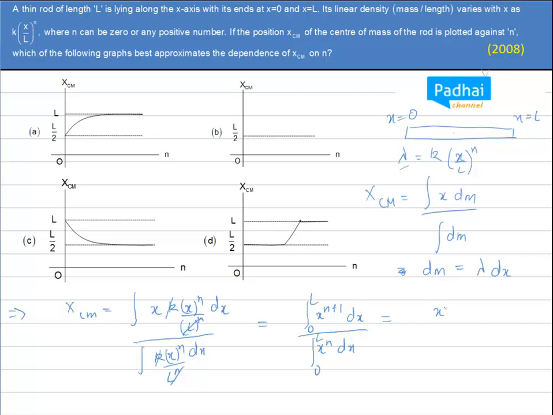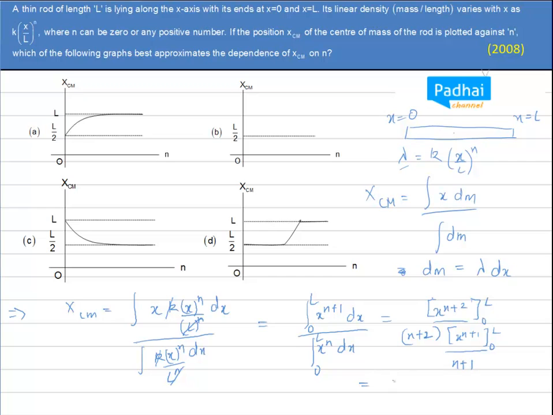It will be x raised to power n plus 2 divided by n plus 2, with the limits 0 to L, and the denominator will be x raised to power of n plus 1 divided by n plus 1, with the limits from 0 to L, right?